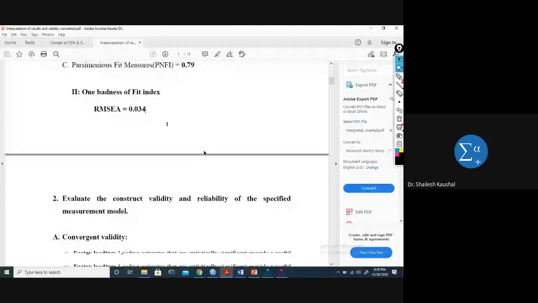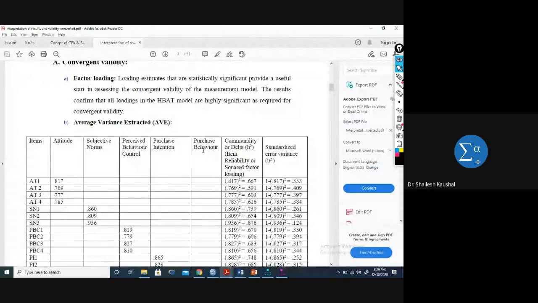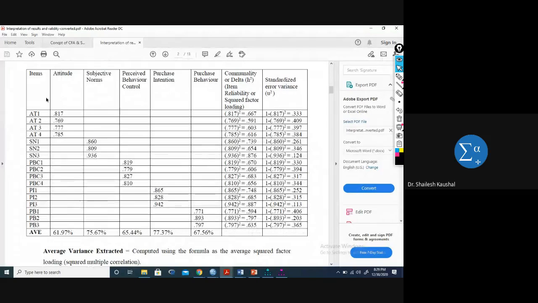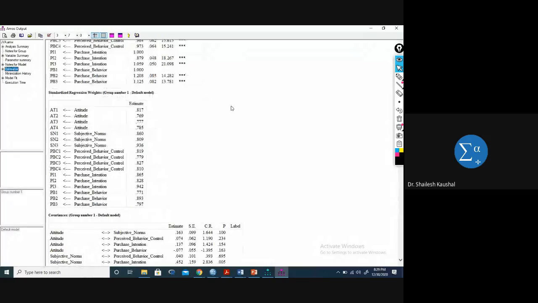Now second is evaluating the convergent validity. So I have prepared this factor matrix. From where will we get these values? We will get these values from the estimates. These are the standardized regression weights, and I prepared my factor matrix from this table.